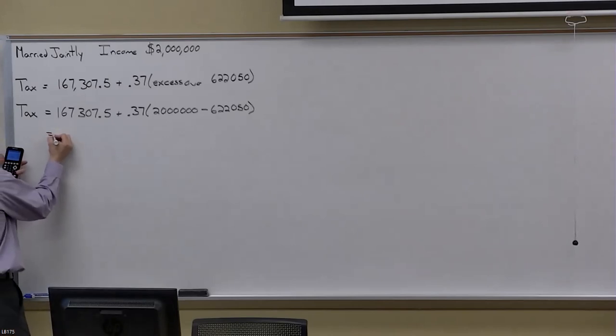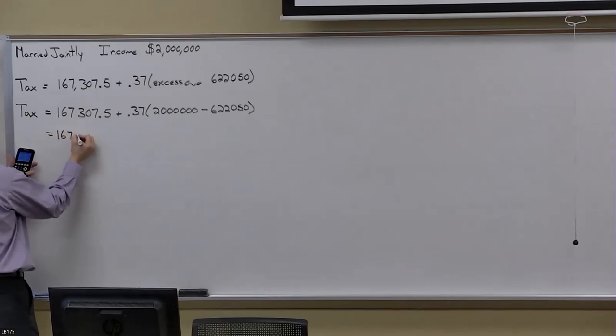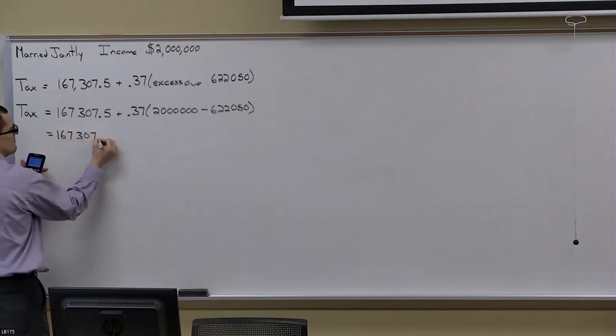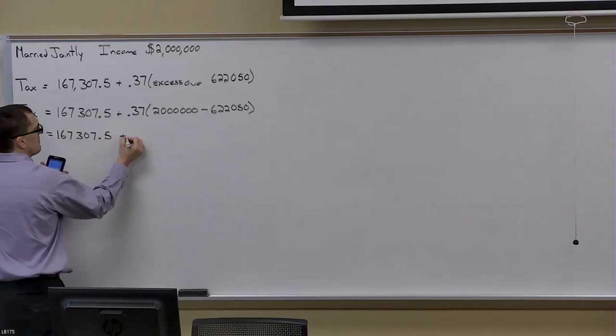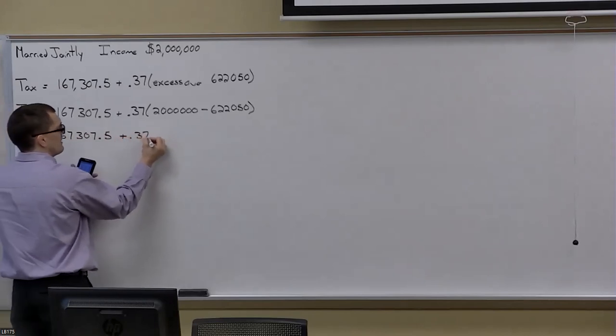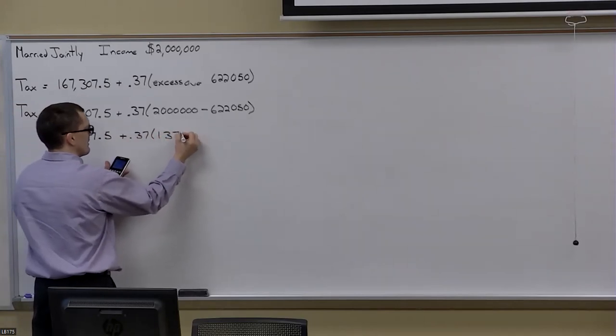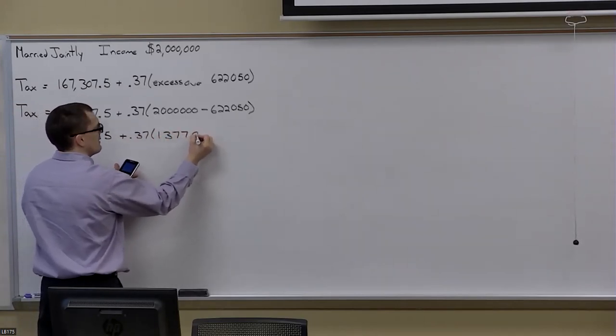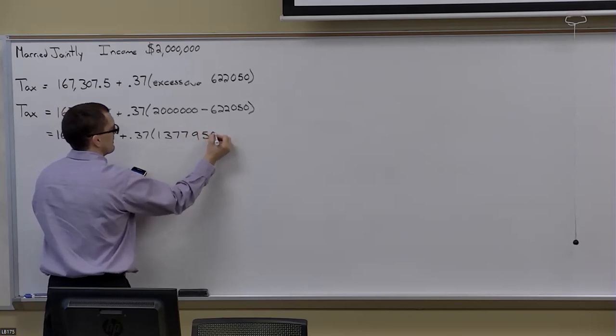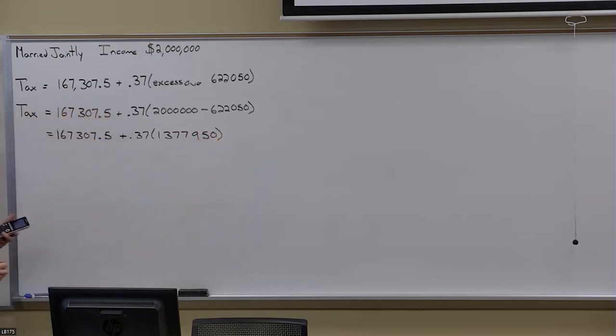So the tax is going to be 167,307.50 plus 0.37 multiplied times 1,377,950. Going to take a minute to type that in.